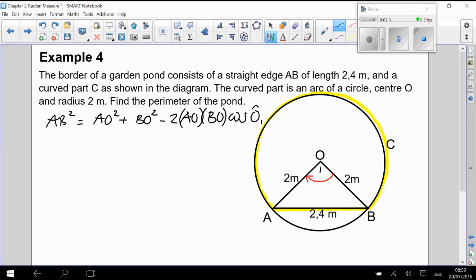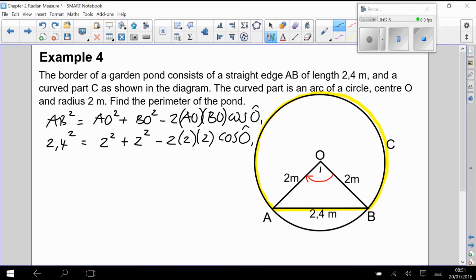Now filling in my information, I've got 2,4 squared is equal to 2 squared plus 2 squared minus 2 times 2 times 2 times cos of angle O1.